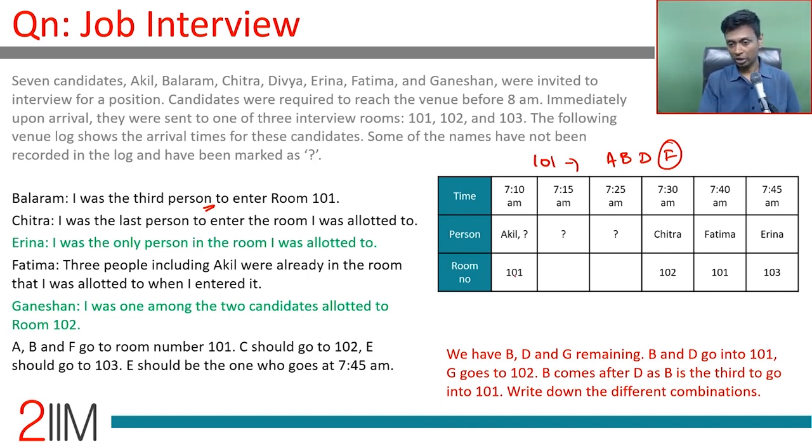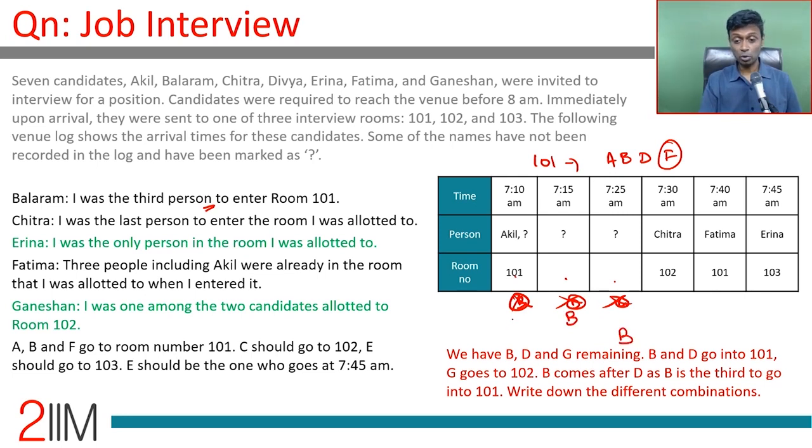So into these 3 time slots, we have B, D, G, not in this order, obviously, such that B is after D. So B is not first. B did not come at 7:10. So B could have come at 7:15 or 7:25.